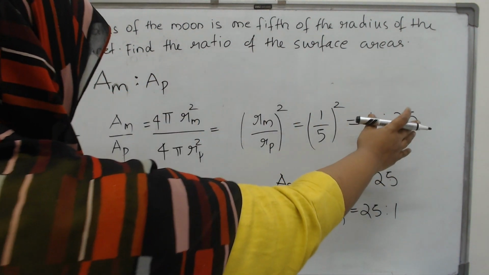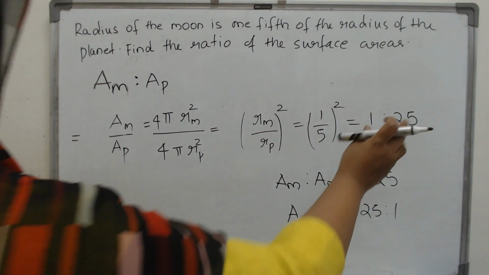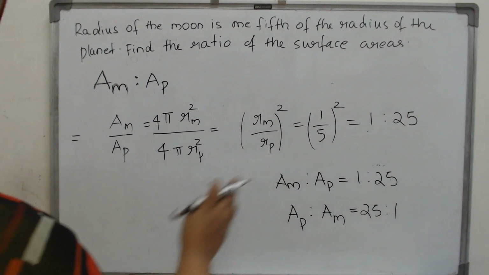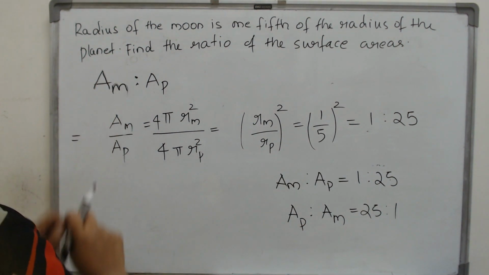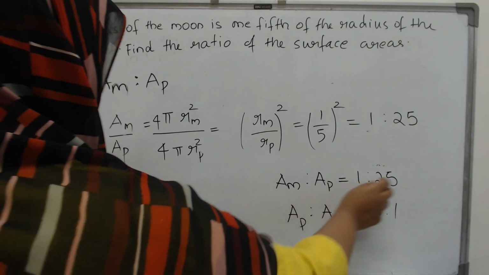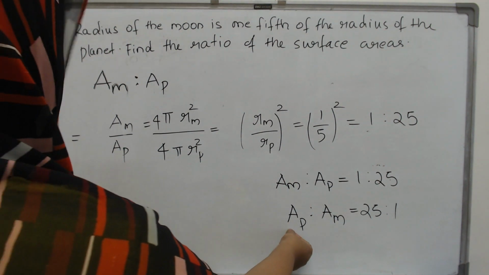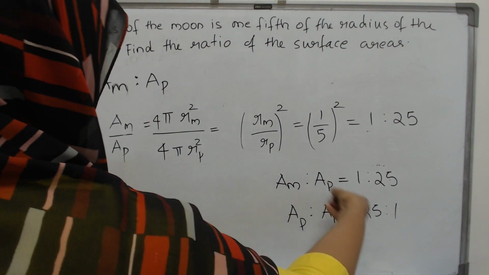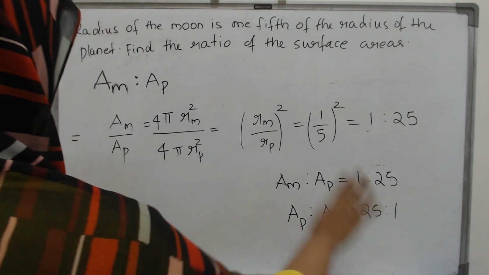Your answer is 1:25. Now remember, the ratio 1:25 is the ratio of the area of the moon is to the area of the planet. First quantity, first value. Second quantity, second value. If you are interchanging it, if it is the area of the planet is to the area of the moon, you interchange this, then you interchange this ratio also.